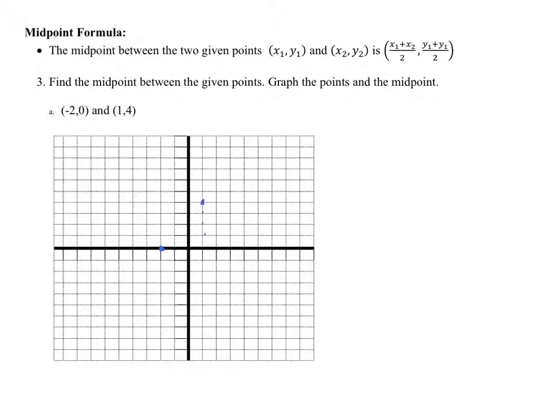So I would like to get the midpoint between these 2 points, but before I do, let me just draw that line segment here. We already discovered that the distance between this point, (-2, 0), and this point, (1, 4), let me label my axes, you guys, will be 5.